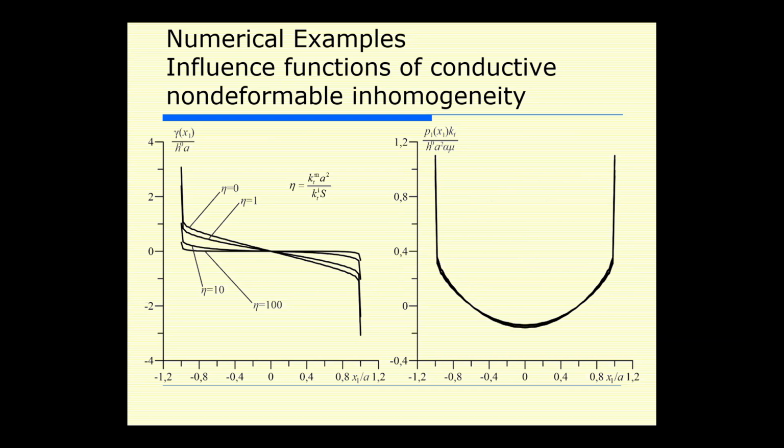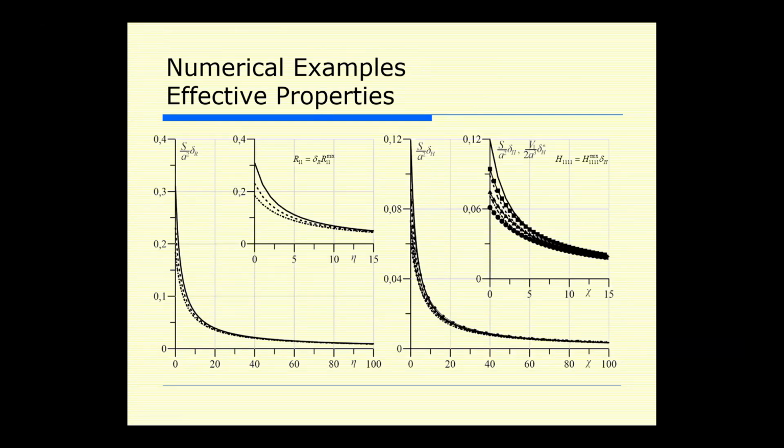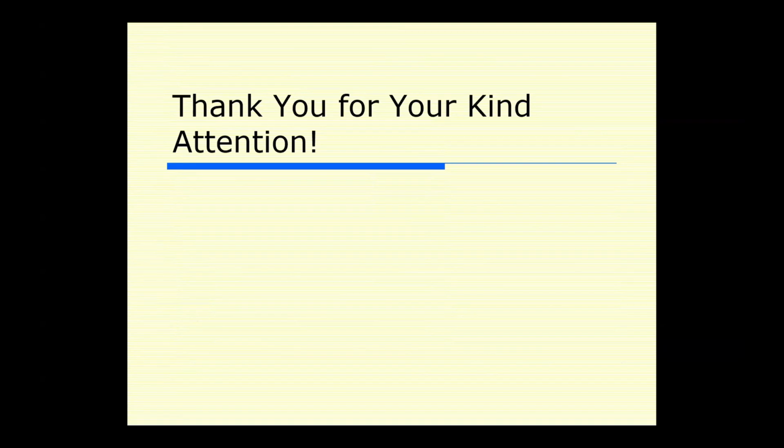So we have here these normalized functions, distribution of these expressions, and the final example is influence functions of a conductive deformable inhomogeneity, which were derived and depicted on these plots. Here we have effective properties, the plots of effective properties. And thank you for your kind attention.